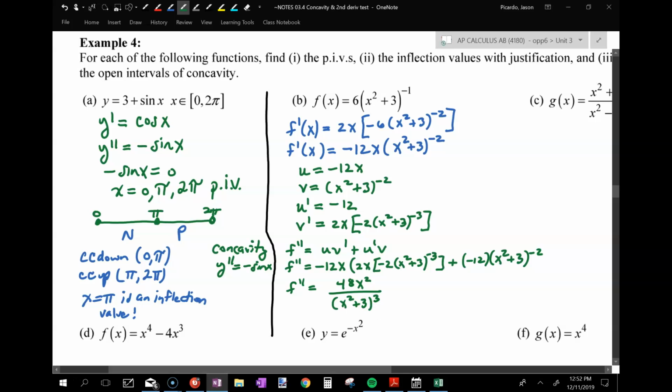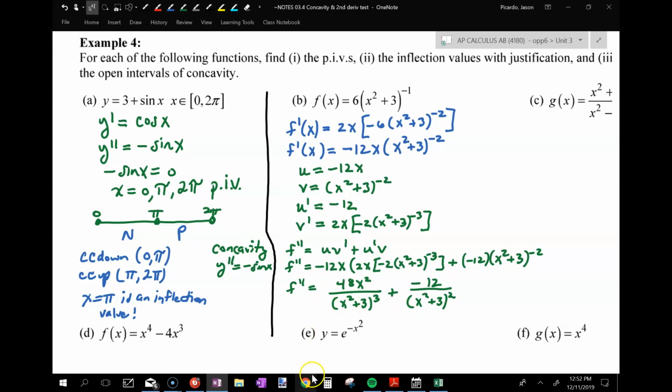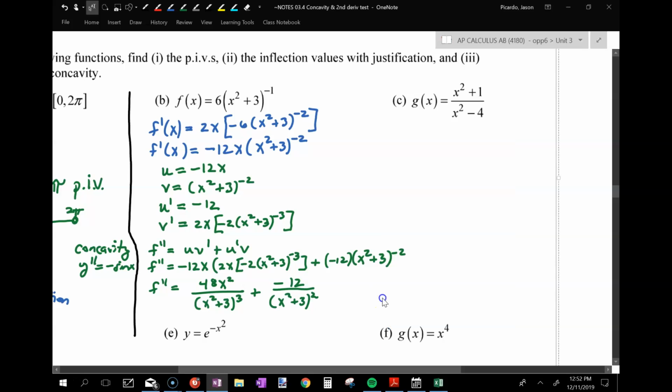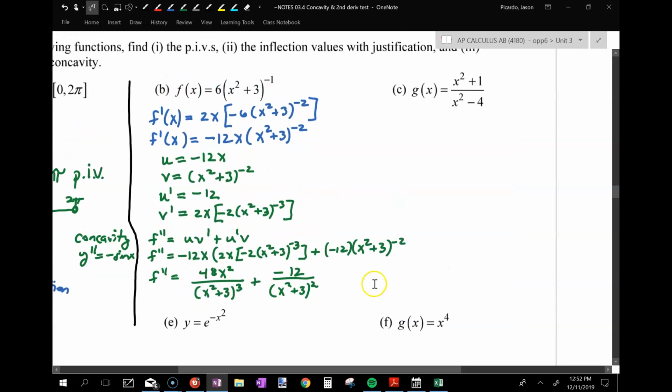That's that first thing, right? And then I got plus negative 12 over x squared plus 3 squared. All right. Beautiful. Look at that. What a nice problem.